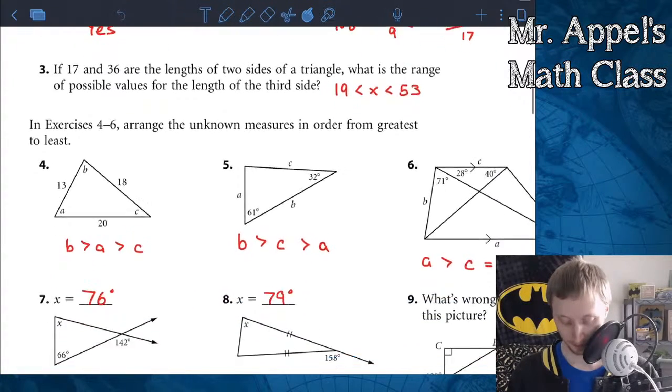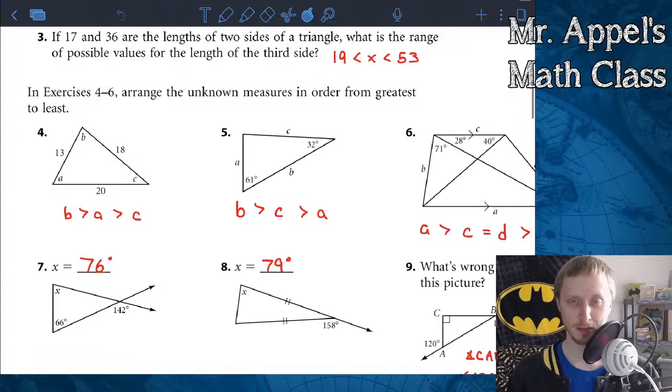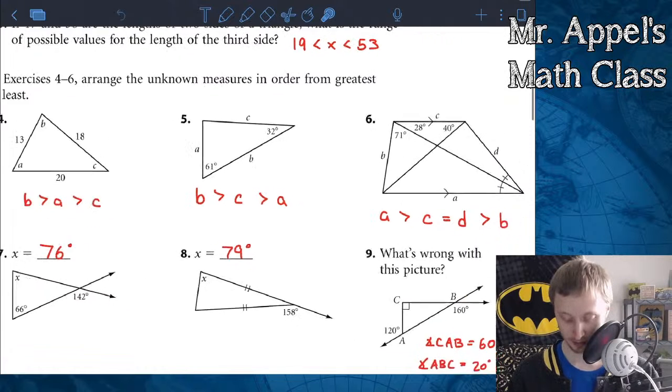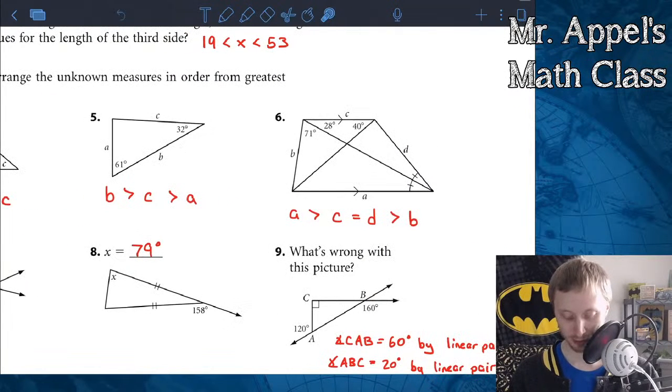All right, then. Arranging the unknown measures. So here we go. Number 4. Biggest to smallest, greatest to least, B, then A, then C. Number 5, B, then C, then A. And number 6, oh, it gets tricky here. We've got overlapping triangles. Here's a triangle. Here's a triangle. A could be part of this triangle here. So make use of those overlapping triangles.